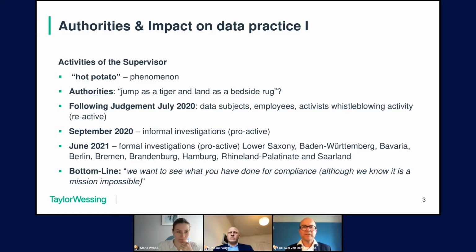Are you able to weave this into your day-to-day data transfer processing, yes or no? And we witnessed some of those informal proceedings, still very burdensome, because our clients had to provide a data mapping.